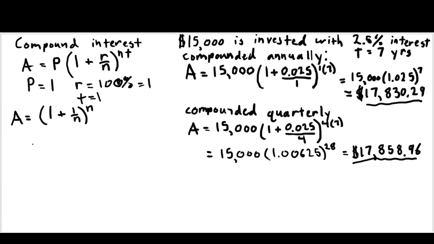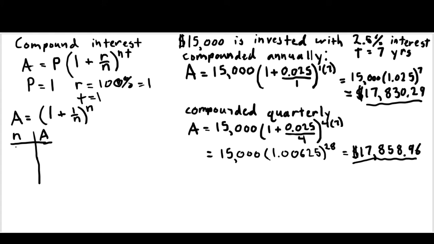This is something that could be interesting to explore on a calculator if you have it. If I do a little table, say n and A, and try different values, you'll see something interesting.